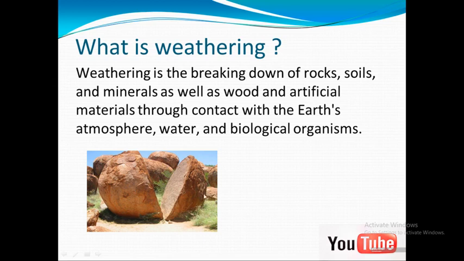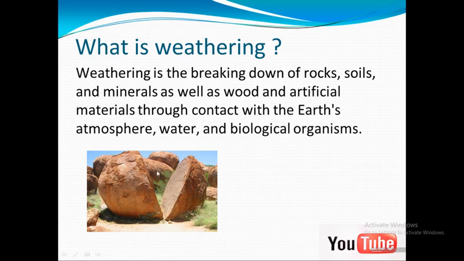Not only this rock, even the soil is also breaking, and minerals as well as wood and artificial materials, through contact with the earth's atmosphere, water and biological action. So by the action of winds, water, atmosphere and some biological action, the stone is breaking down and the soil is breaking down.